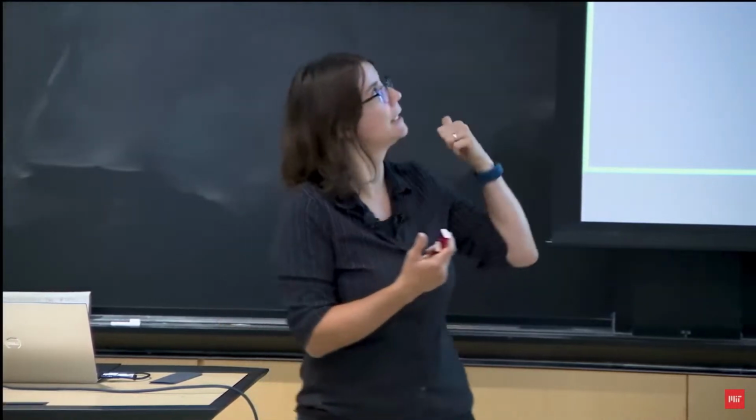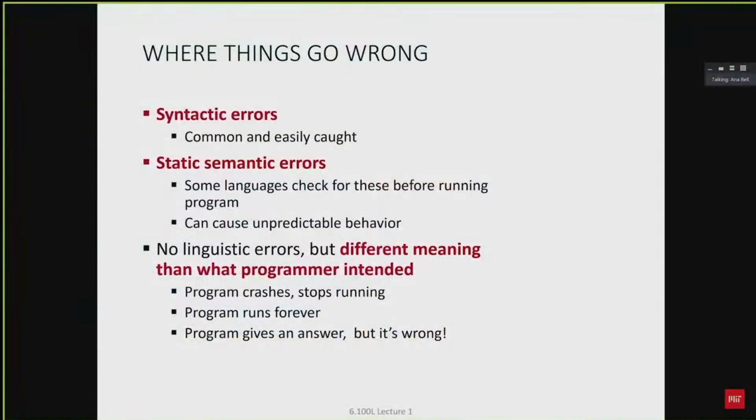And that's when things start to go wrong. We can have syntactic errors in our program, spelling errors, and indentation errors, things like that, and those are easy to catch. Static semantic errors are probably 90% easy to catch, but the problem comes in with the semantics. The meaning that you intended this program to have might not be what it's actually doing.